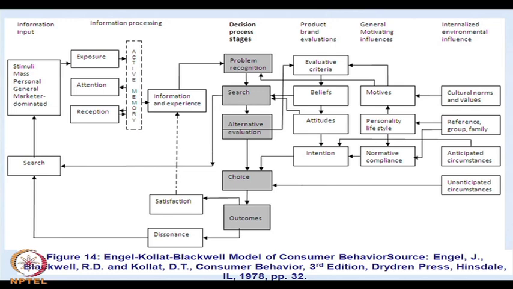So, there are 5 parts: the information input, the information processing, the decision process stage, the decision process variables, and the external influences.